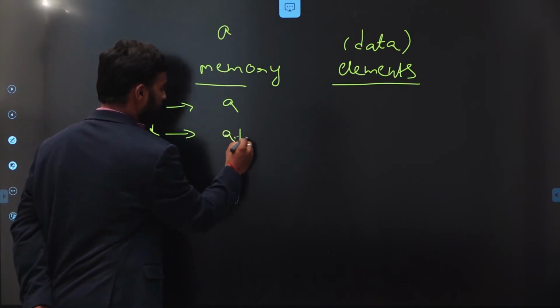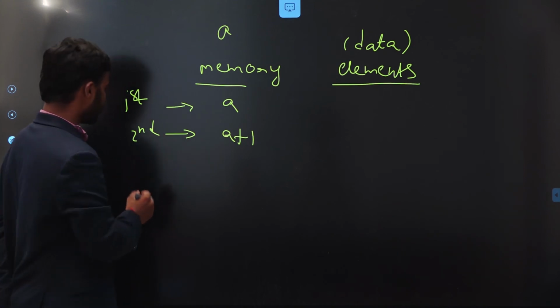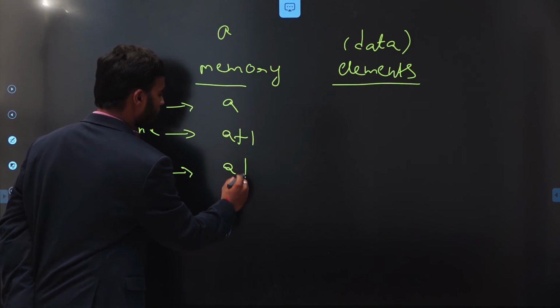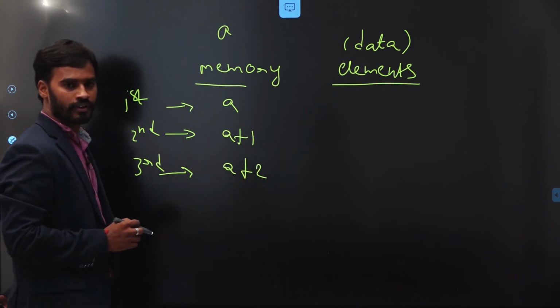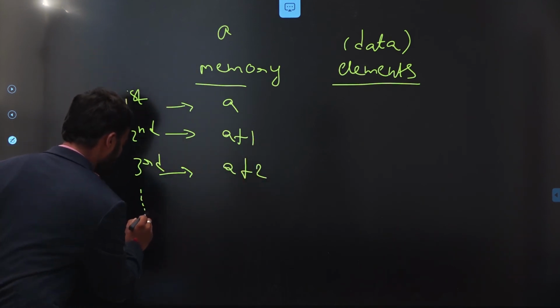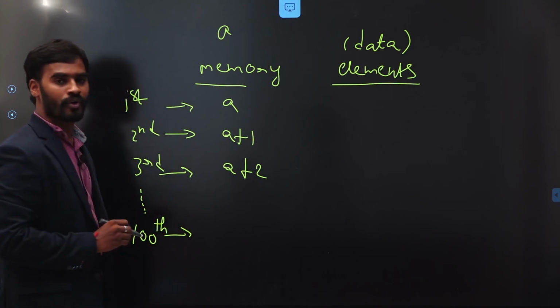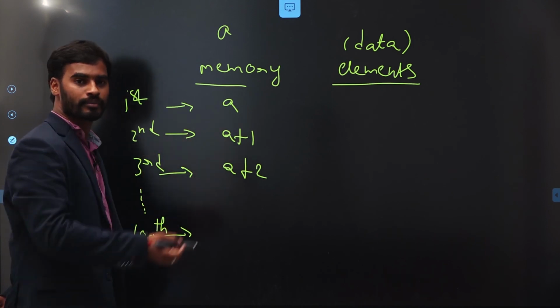A plus 1, as it is 1 block away from the first block. What is the address of the third block? It is 2 blocks away from the first block, so A plus 2. What is the address of the 100th block? The 100th block is 99 blocks away from the first block, so A plus 99.